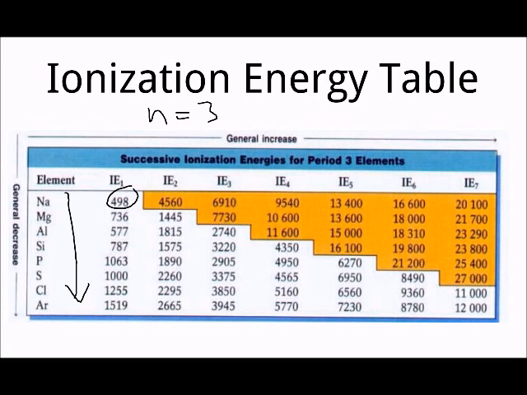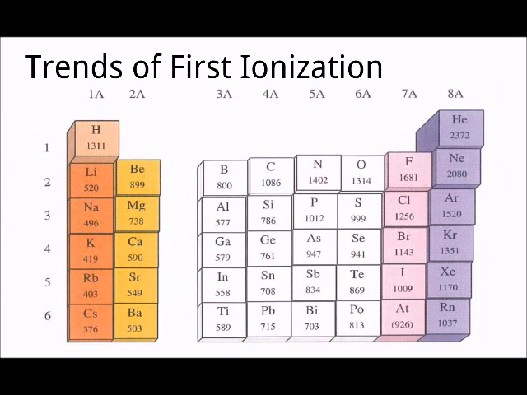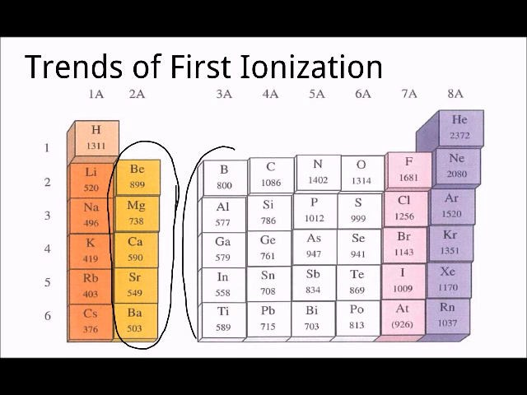Here you can see sort of a recap, but this is a nice table because it lays it out in terms of the periodic table. This table is going to show just the first ionization energies. And I want you to note the energy discrepancy at the end of the S shell and the start of the P shell. Remember, we were saying that the S shell requires a little more energy at the end of the S shell in comparison to the start of the P shell, because it's easier to remove that one electron sitting in a P shell compared to the S shell.